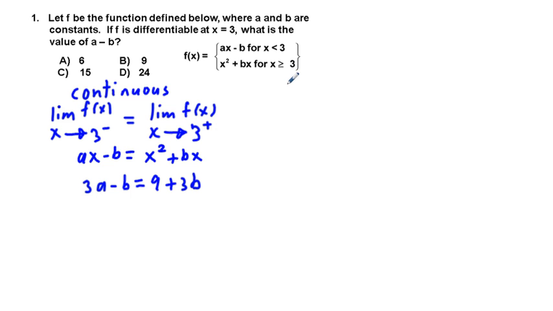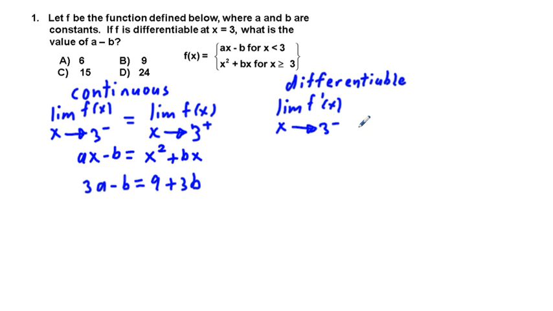But fortunately, we can do a different type of limit evaluation here. So for that, we have a limit also, but the limit as x approaches 3 from the left side, not of f of x, but f prime of x, equals the limit as x approaches 3 from the right side of f prime of x.